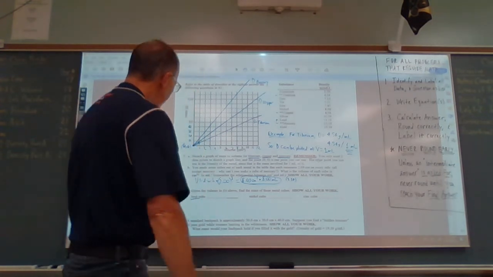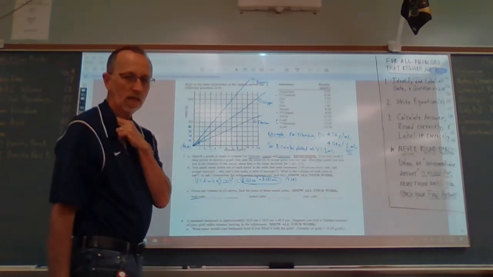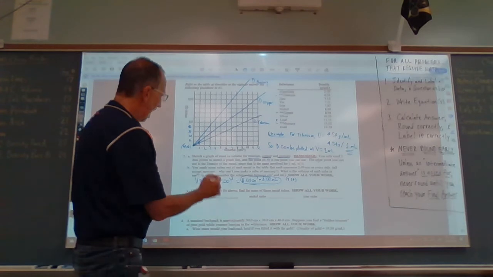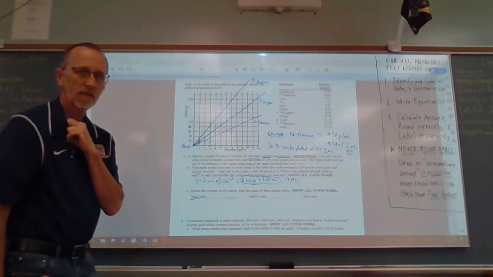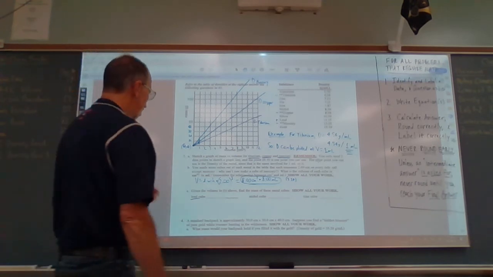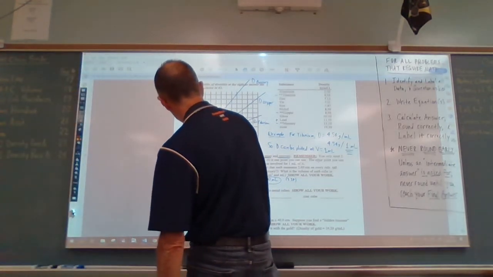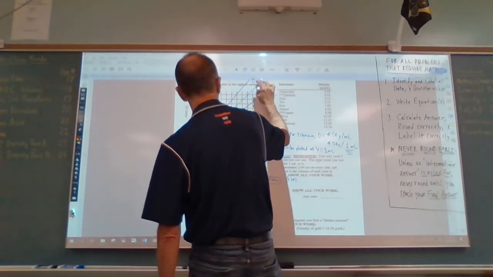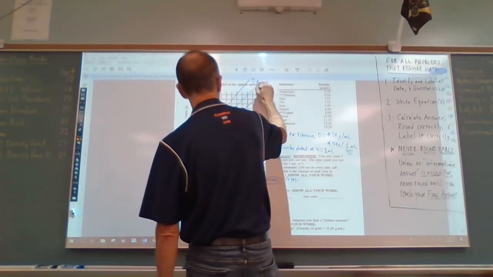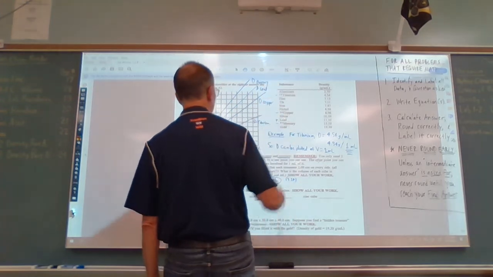Lead's pretty dense. So again, lead at 1 mL is just slightly above 10, at 11.35 grams. So using 0, 0 as my other point, and there we go. So there's the density of lead right there.